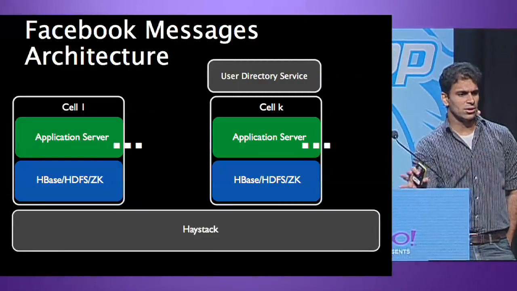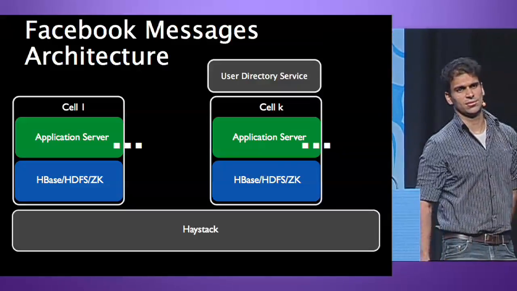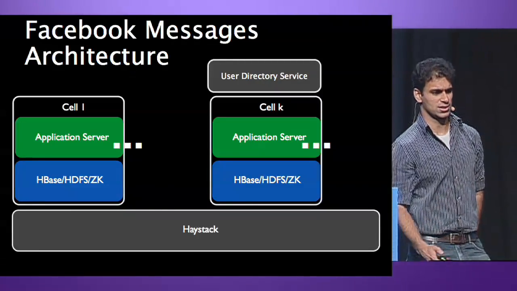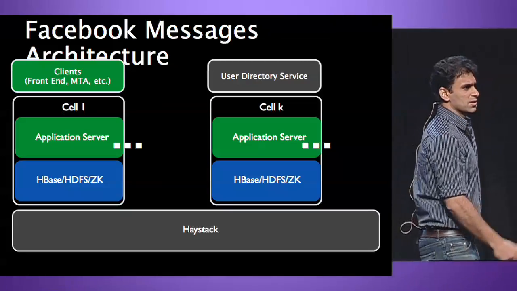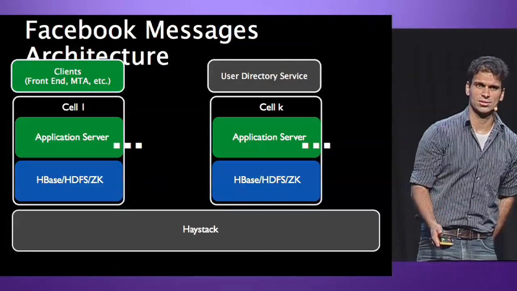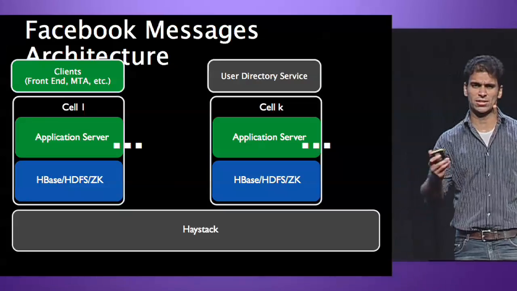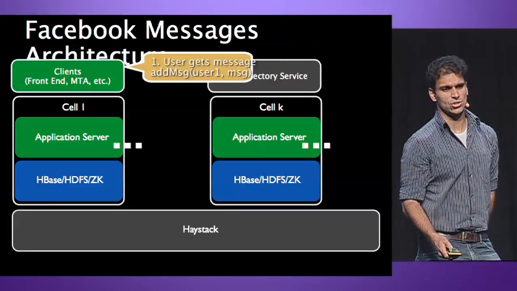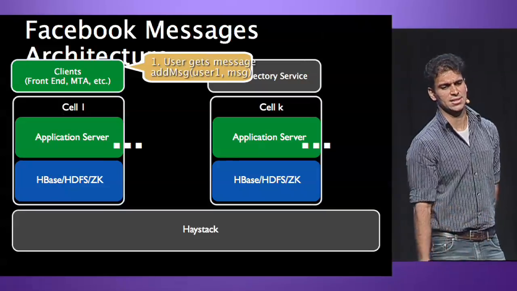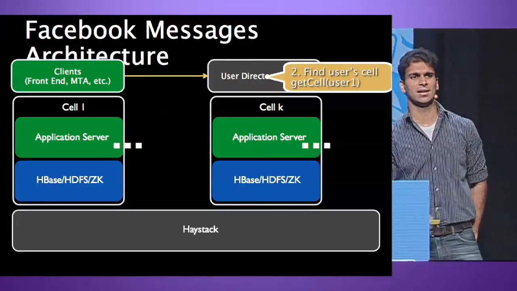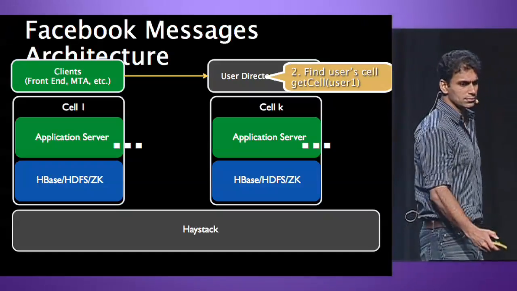All right, so we have all these machines and this sort of stack architecture. Let's walk through how it really all works. We have a client, the web server or what have you, trying to perform an operation on a user. So let's say a user gets a message. How does that work? The first thing the client does is go to the user directory service and look up which cell this user belongs to.